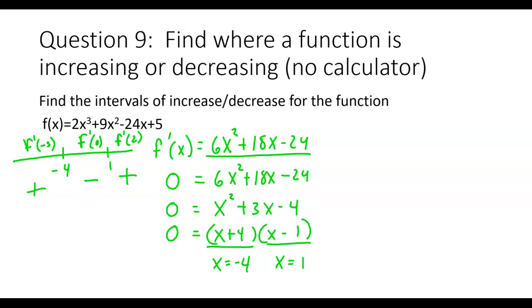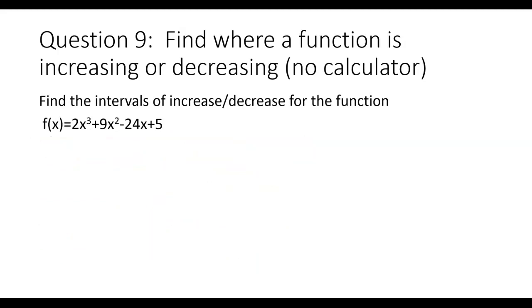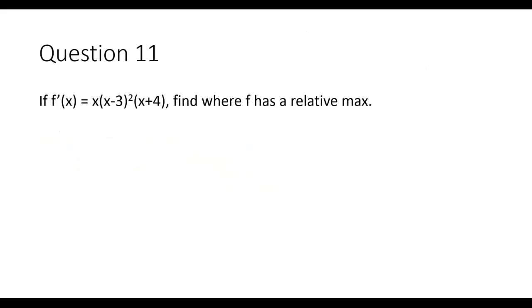And so we could see that we are increasing on the intervals from -infinity up to -4, as well as 1 to infinity. And we're decreasing on the interval from -4 to 1 because that's the interval where the first derivative is negative. All right, let's move along here to question 11.